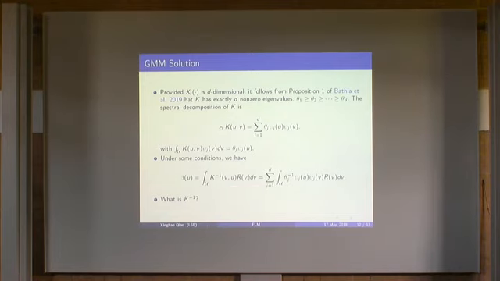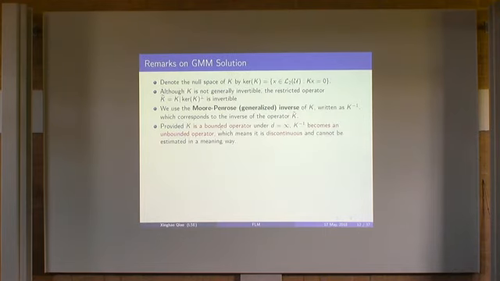So the question is, how can we calculate the inverse of a covariance operator? Is it invertible? This is a typical problem in the functional analysis literature. It turns out that K is not generally invertible, but if we restrict the domain of K such that non-zero elements are not mapped into the zero members, then we can have the invertible property.